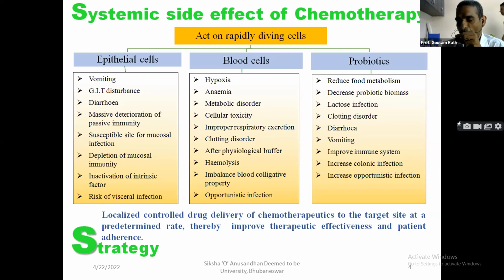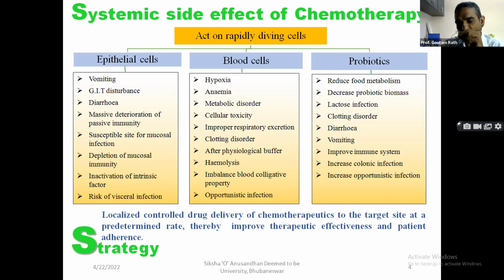But before that, we should identify the objective. Why do we think of a new drug delivery system? What are the objectives?